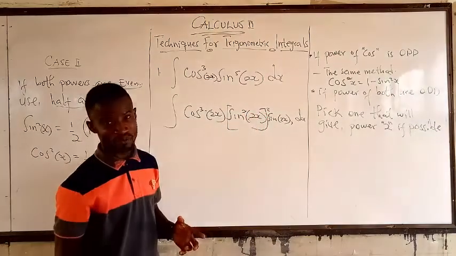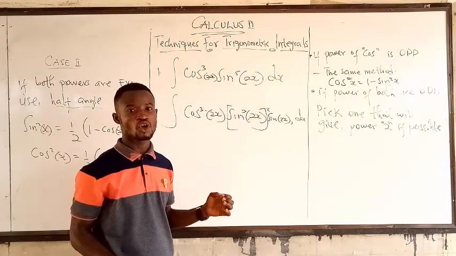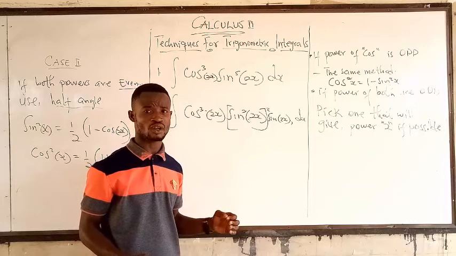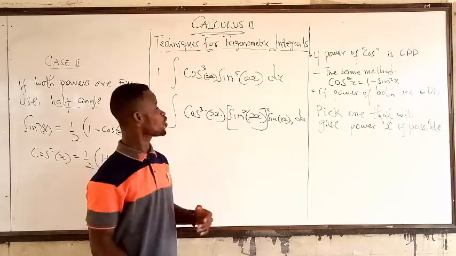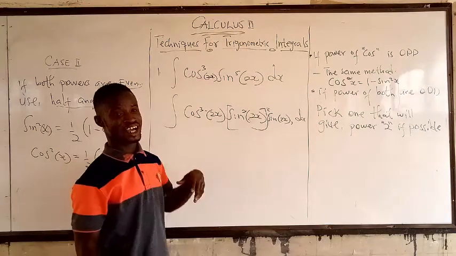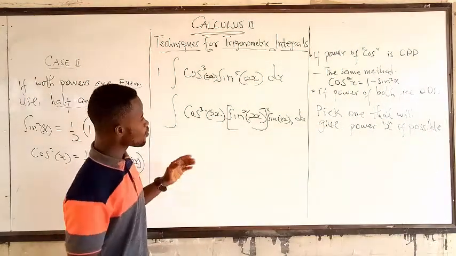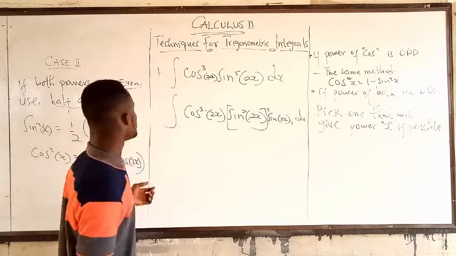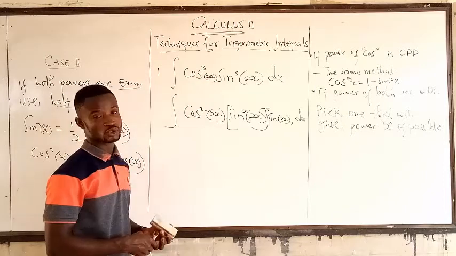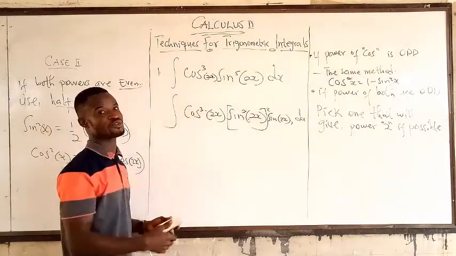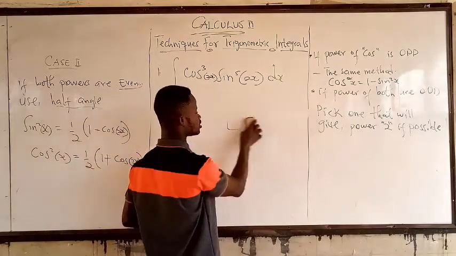So sine can give power 2 if both are odd. Sine can give power 2, cos can give power 2, alright? But you look for the one that will be easy for you, knowing that with this, the power is 3. So when you maintain the cos there to be power 2, then the rest that will be left is just power 1. That one will be simple for you.